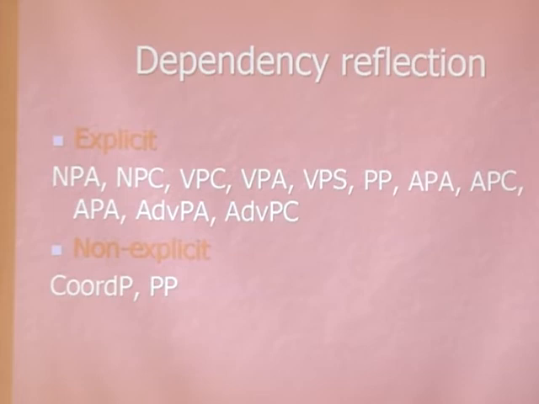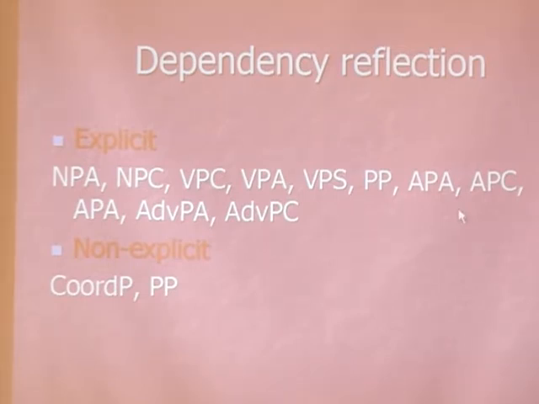So what I call dependency reflection is that on the phrases we have explicit indication whether this phrase is head adjunct, as we see here, or head complement, and it depends whether the head is noun or verb.